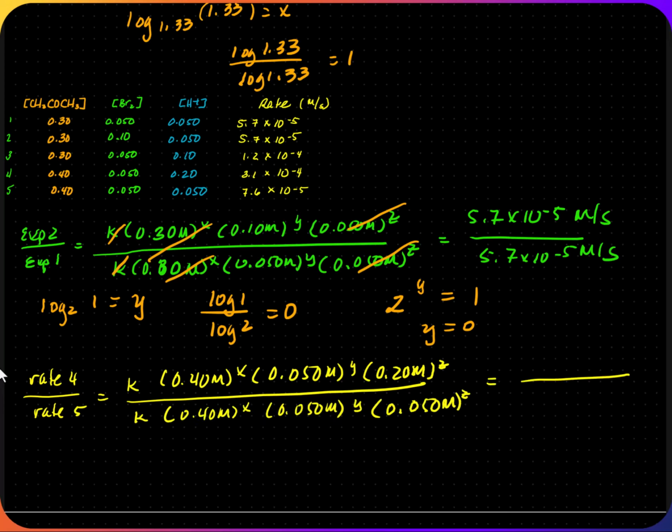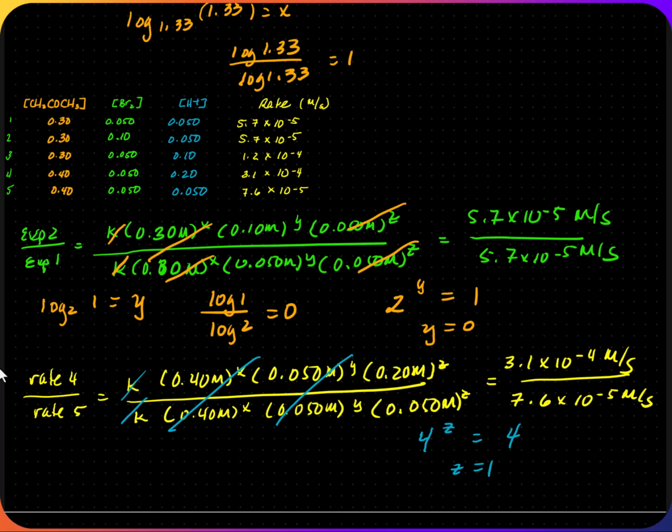The reaction rate for 4 was 3.1 times 10 to the negative 4, and for 5 was 7.6 times 10 to the negative fifth. Now I'm going to simplify, the K's cancel out, all my CH3COCH3 cancels out, all my Br2 cancels out, so this becomes 0.20 divided by 0.05, which is 4 to the Z. And if I divide my right side, I get 4.